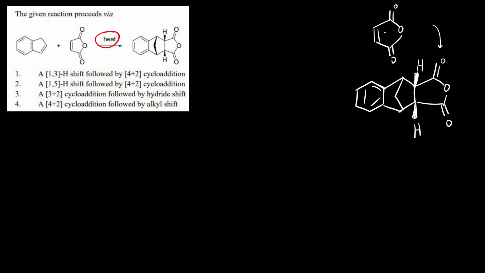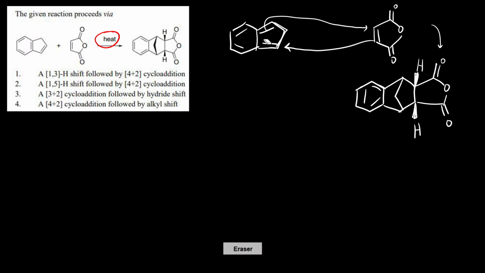This is the dienophile. Now what we want is a diene. The molecule given to us is this, but we want the molecule to be like this, so that this is the CH2 bridge. If you react this with that, you will get the correct product like this.